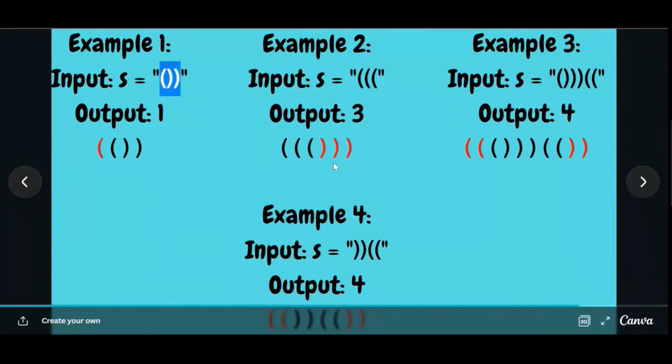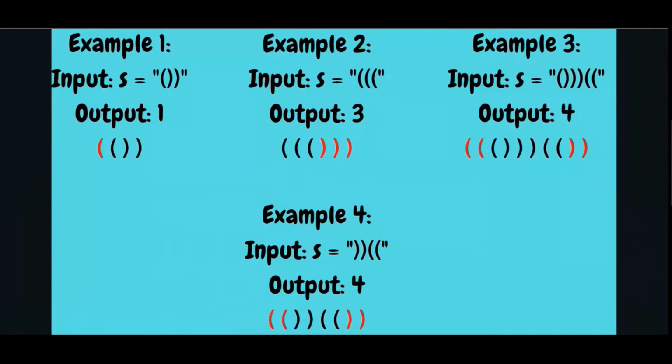And in the second example, there are three brackets that need to be added. Red refers to the ones which we have to add. Now, in example 3, there are two brackets we need to make this valid, and these two brackets we need to make these two valid.